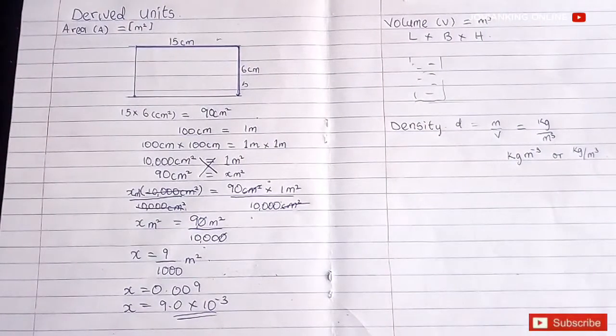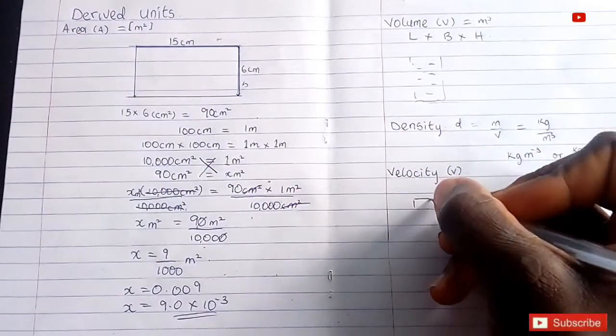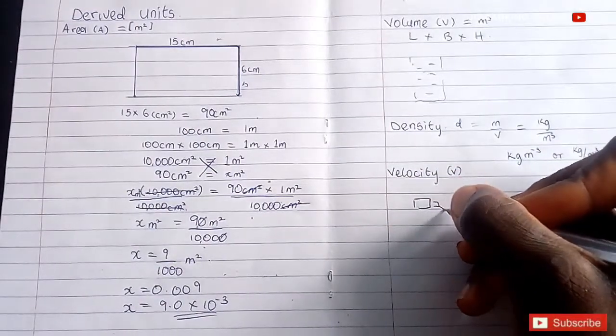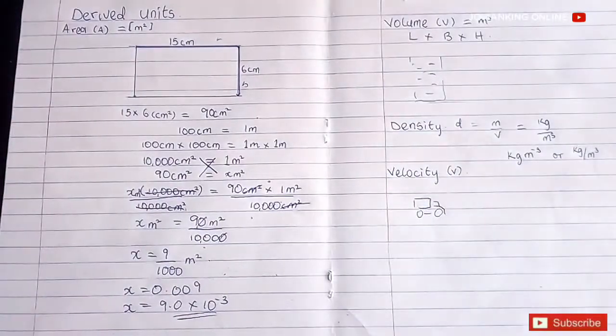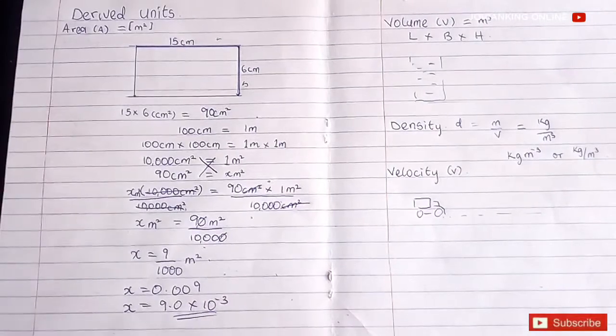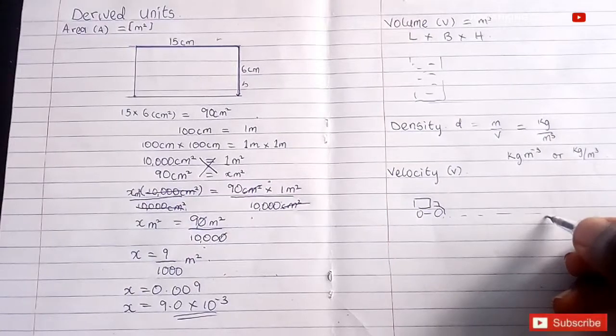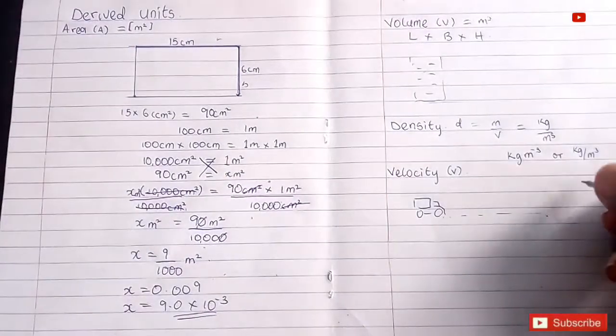Then the next one, we have velocity. By velocity, we mean displacement over time or displacement per unit time. So by velocity, we mean an object, let's assume a moving vehicle, a lorry for instance. We say that this lorry is moving in a velocity of, by that we mean the displacement at each particular time. Let's first of all observe the cardinal points: the east, the west, the north, and the south.